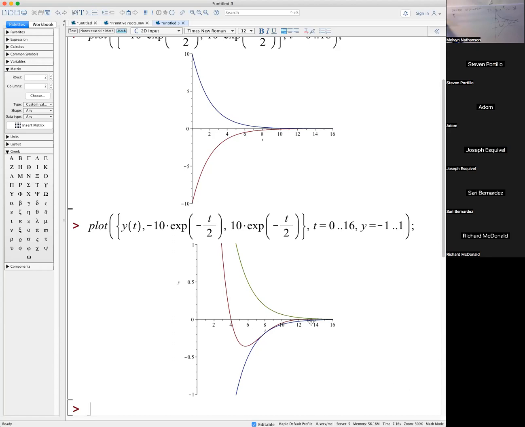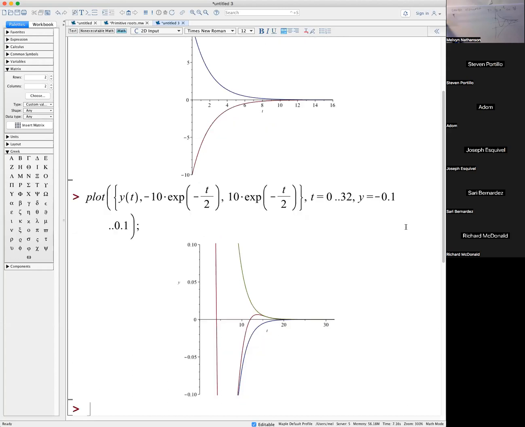It's hard to actually see the oscillations. Maybe I'll make this 32 and from -0.1 to 0.1. Well, even there, it's hard to see because this curve decays.